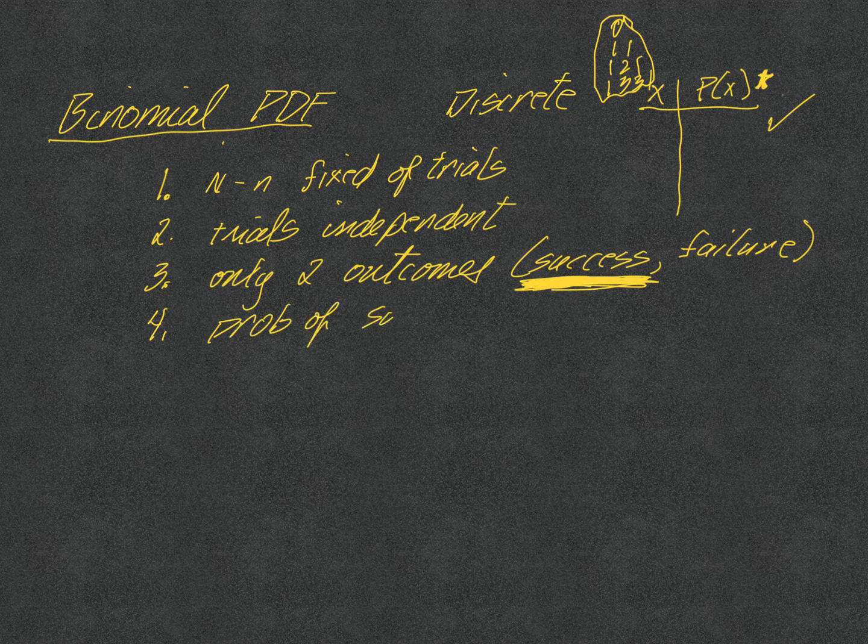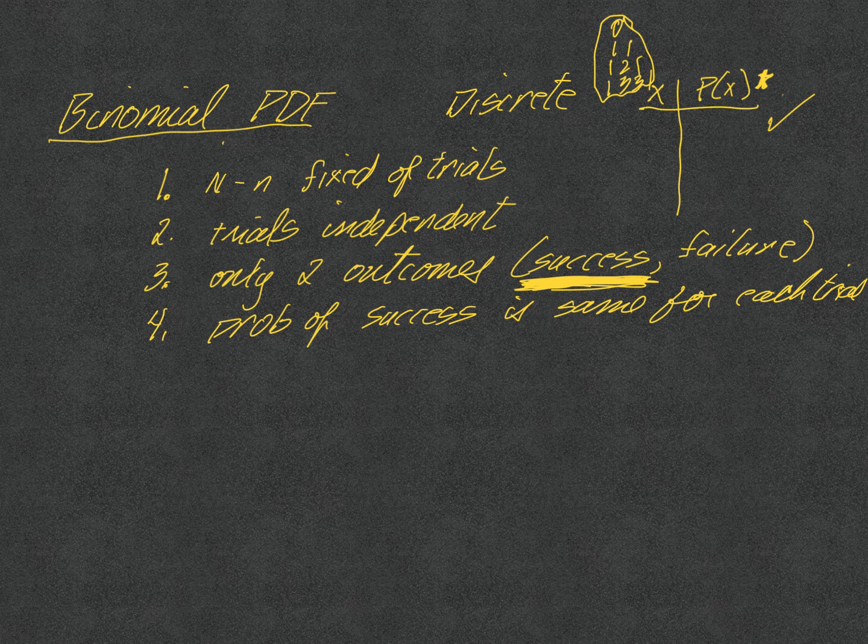And then finally, the last thing: because the trials are independent, the probability of a success is the same for each trial. So if you're Stephen Curry shooting free throws, he hits 90% of his free throws, so the probability of success is 90% on any free throw that he shoots.